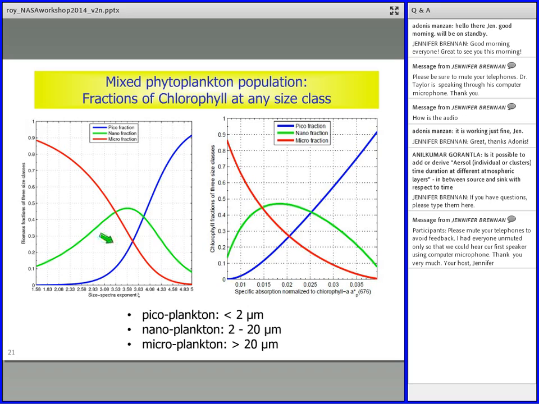So these 3 curves show how we can connect the size spectra exponent with the biomass at 3 size classes, and in other words, how we can connect the specific absorption spectra with the chlorophyll fractions at 3 size classes. And obviously, the blue curve is the pico fraction, which increases as the specific absorption spectra increase. The micro fraction decreases, and this is the nano fraction.